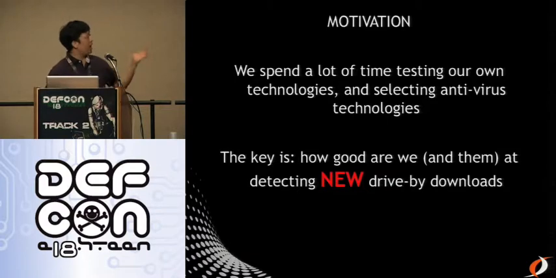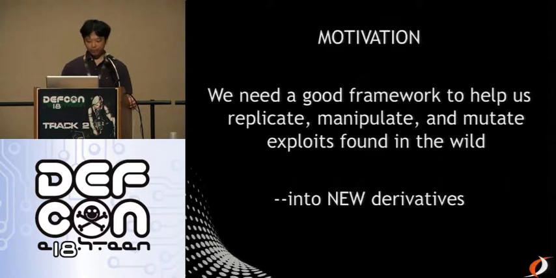And the key to this type of testing is how good are we and them at detecting new drive-by downloads instead of old ones. But how do you get new drive-by downloads that don't exist? That's a problem. So we ended up getting the old exploits and then mutating them by hand to generate new exploits, and then testing out all these antivirus technologies in our own.